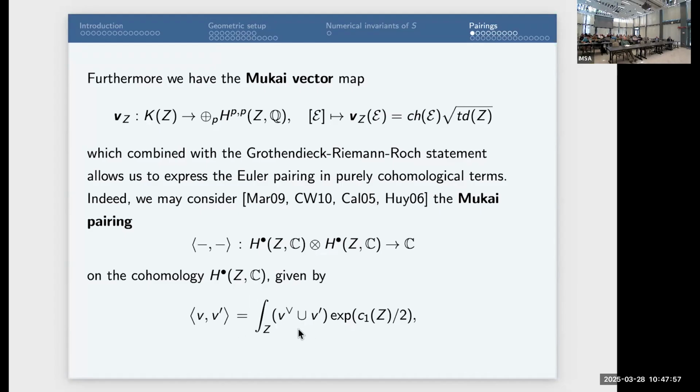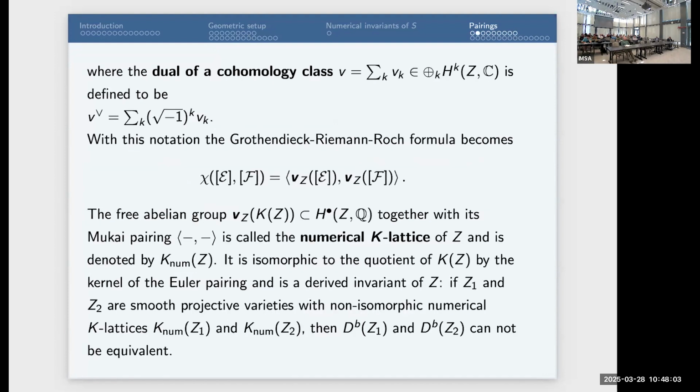What I'm writing here is that B prime is a dual of B, where the particular notion of duality simply says that you multiply the k-th component by the square root of minus 1 to the k power. So this is plus or minus 1. But when they come up, the formula becomes simply that the pairing between E and F is the Mukai pairing.